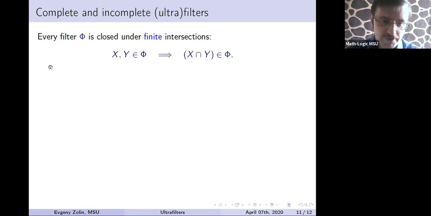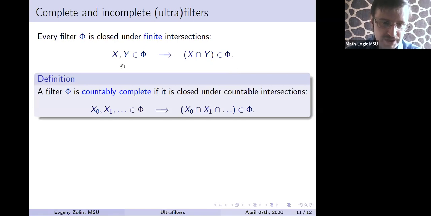Of course, if we have finitely many sets, x1, ..., xn in the filter, then the intersection is in the filter. But can we guarantee that if we have countably many sets, x0, x1, x2, and so on in the filter, then the intersection is in the filter? No, in general, we cannot guarantee.